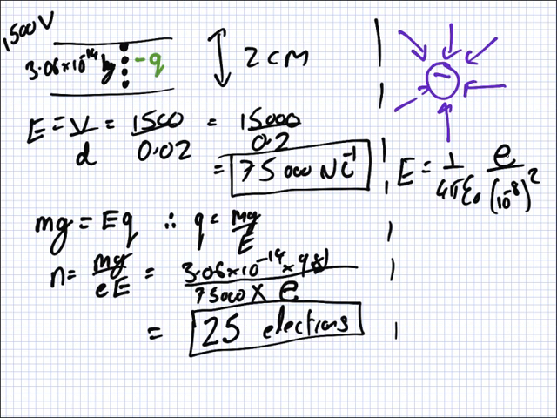What's the electric field strength? Let me see: 1, 2, 3, 4, 5, 6. 1.44 times 10 to the 6, so mega. Maybe you should put it up.